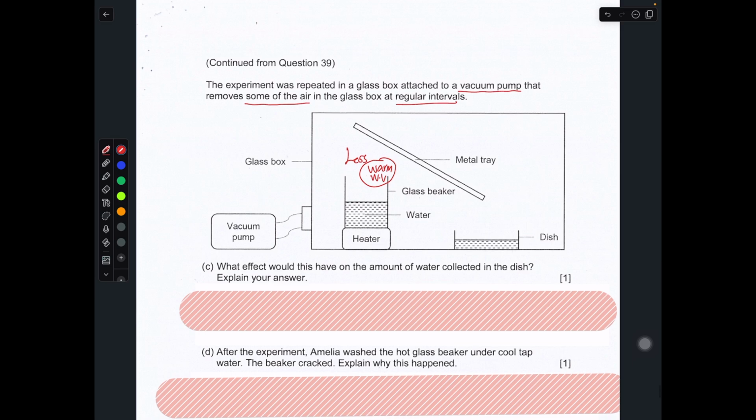Then they ask you, what effect would this have on the amount of water collected in the dish? If you have less, then you will have less condensation as well. If you have less condensation, then you have fewer water droplets, okay, falling into the dish. So the amount collected will be less.